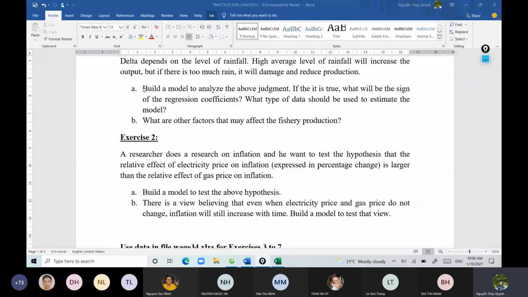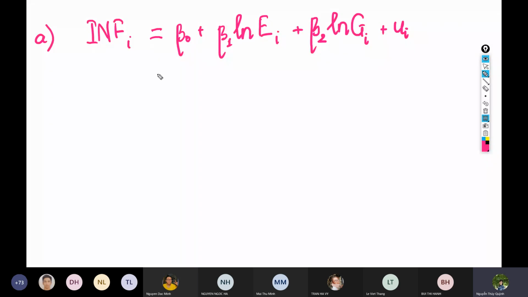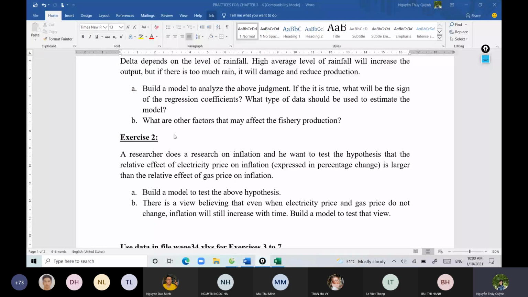All right, now, build a model to test the above hypothesis. So here is our question A. We have the model to test the hypothesis already. And for question B, now there is a view believing that even when electricity price and gas price do not change over time, inflation will still increase with time.